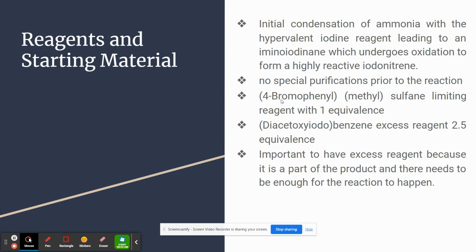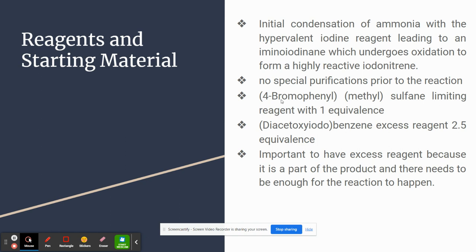There are no special purifications of any chemical at the beginning of the reaction, but the 4-bromophenyl methyl sulfide is the limiting reagent with 1 equivalent, and the diacetoxyiodobenzene is the excess reagent with 2.5 equivalents.